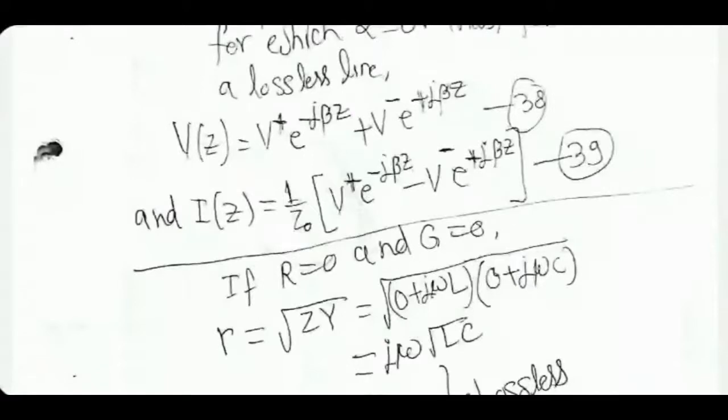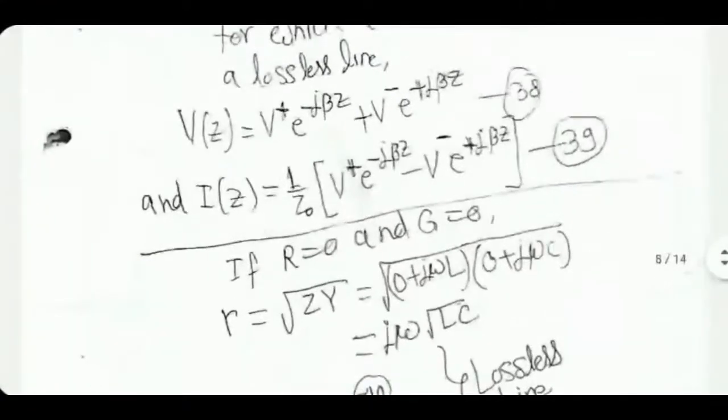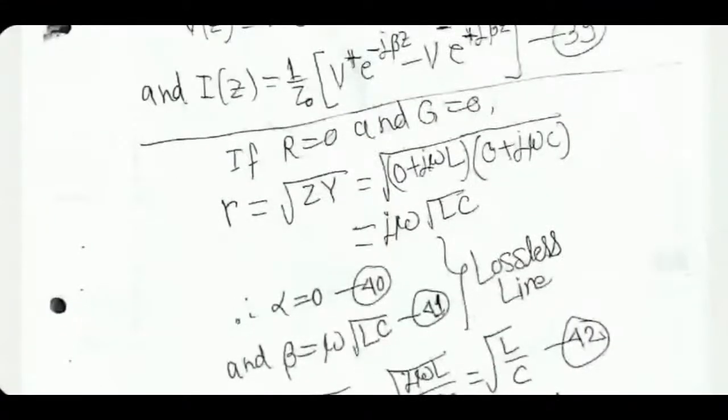Now one way to realize a lossless line, at least in theory, is to make R equal to 0 and G equal to 0. If you do that, gamma equal to square root of ZY becomes square root of (0 plus j omega L) multiplied by (0 plus j omega C). So j omega comes out, square root of LC remains. You get a purely imaginary term for gamma.